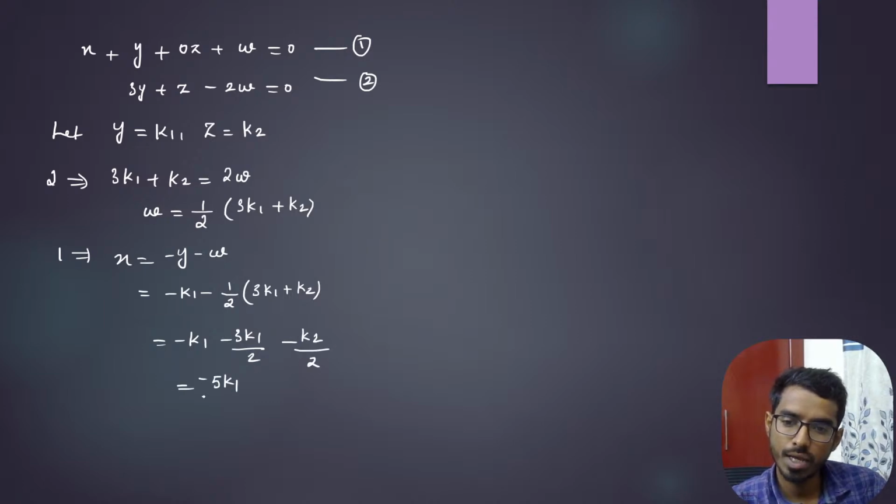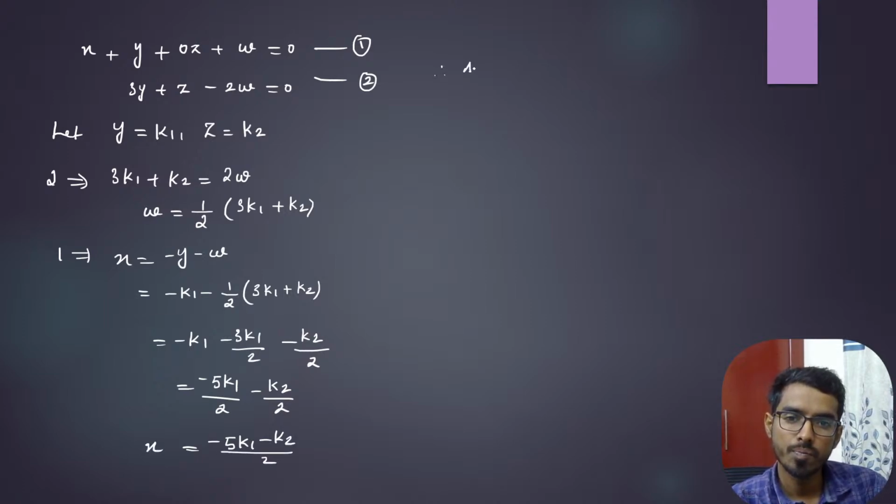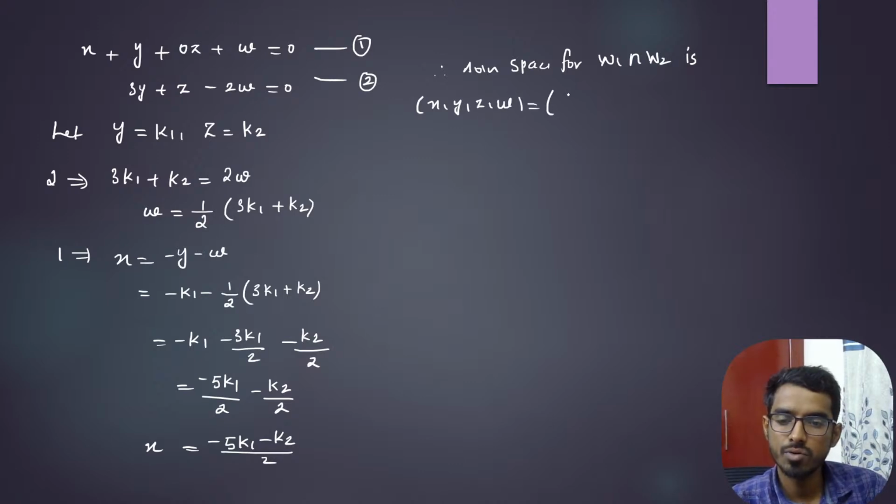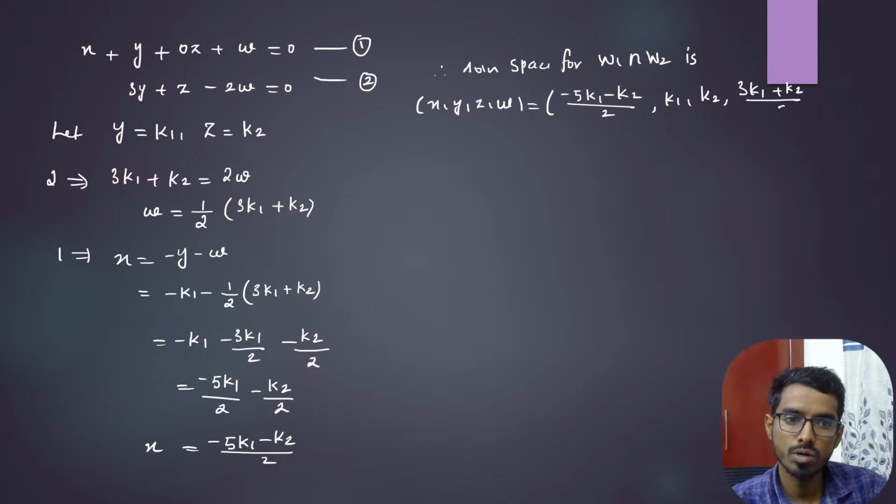So minus 5k1 by 2 minus k2 by 2, which is minus 5k1 minus k2 divided by 2 for x. Therefore, the solution space for W1 intersection W2 is x is minus 5k1 minus k2 divided by 2, y is k1, z is k2, and w is 3k1 plus k2 divided by 2.